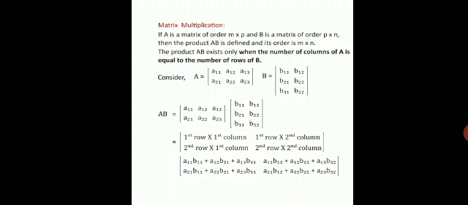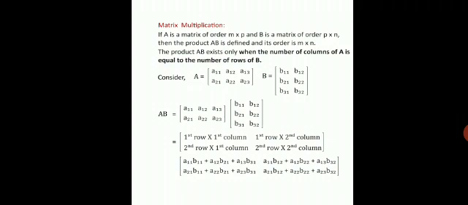The product AB exists only when the number of columns of A is equal to the number of rows of B. I am repeating, students, here that the product AB exists only when the number of columns of A is equal to the number of rows of B.